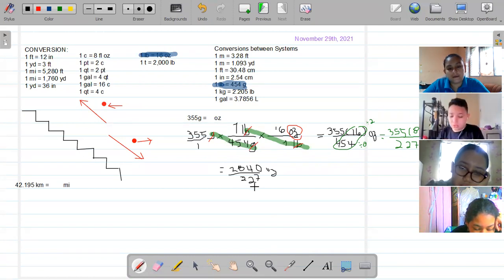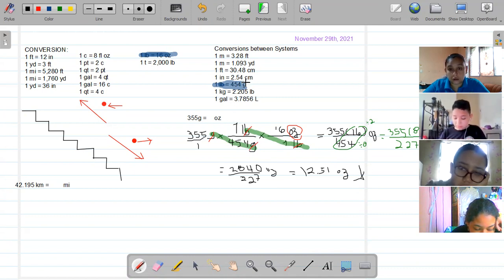I cannot simplify this, so I just go ahead and divide. How do you divide it? Remember, 227 goes outside, 2,840 goes inside, okay? And you're gonna give me the answer in decimals. And this is gonna be 12.51. I want two numbers after the decimal point. But 12.51 what? Ounces. And that is your final answer.